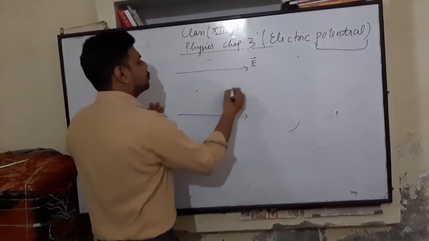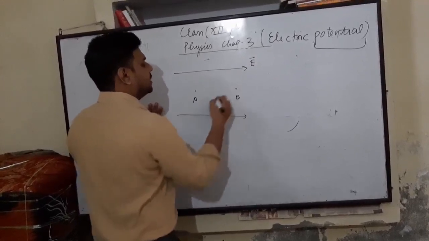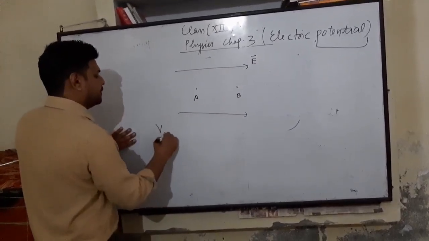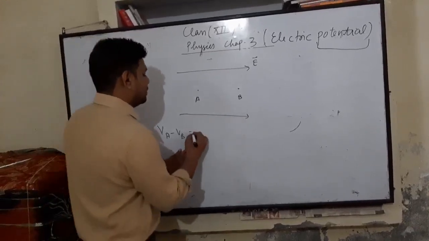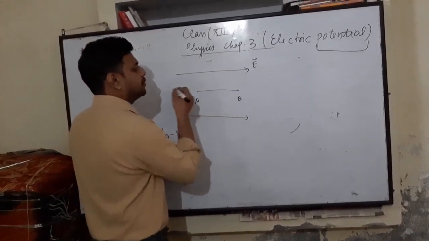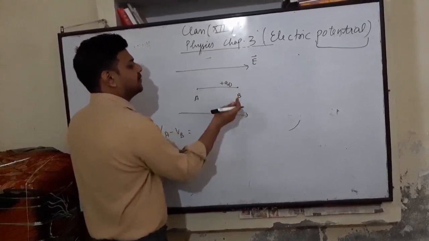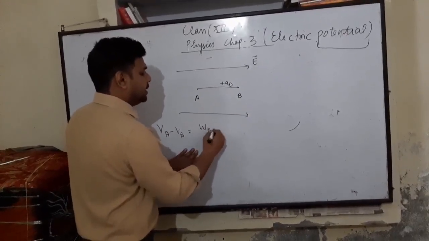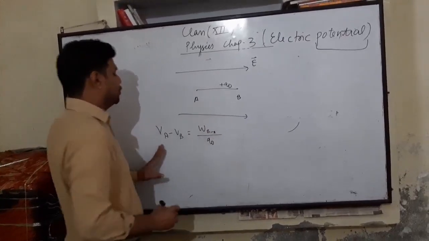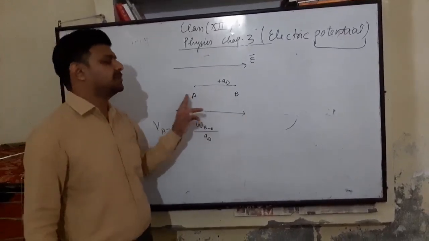Now we consider 2 points A and B. If we want to define the potential difference between these 2 points, we have to bring a unit positive test charge from B to A. The work done in bringing it from B to A is called the potential difference between these 2 points.